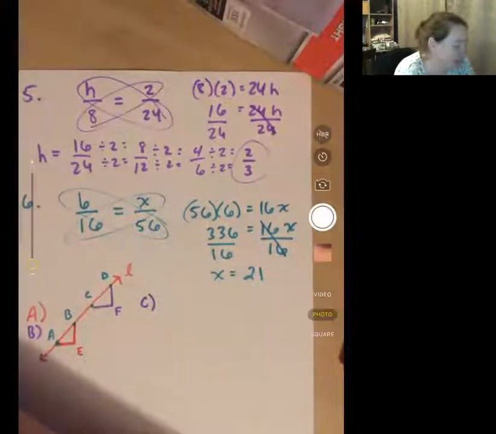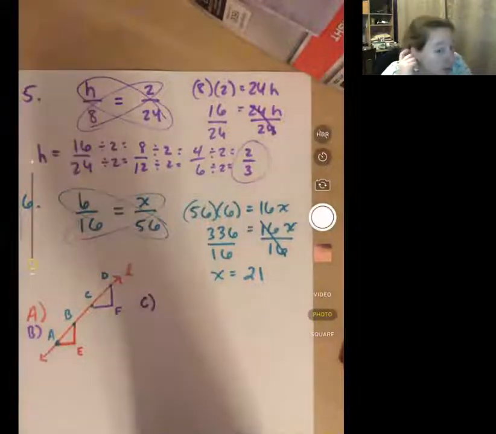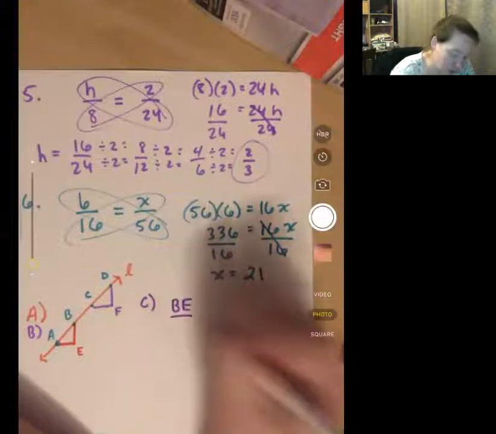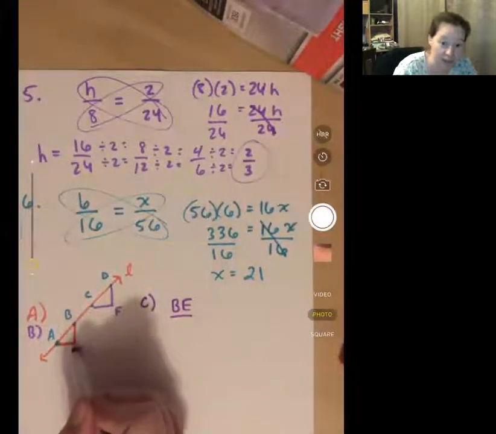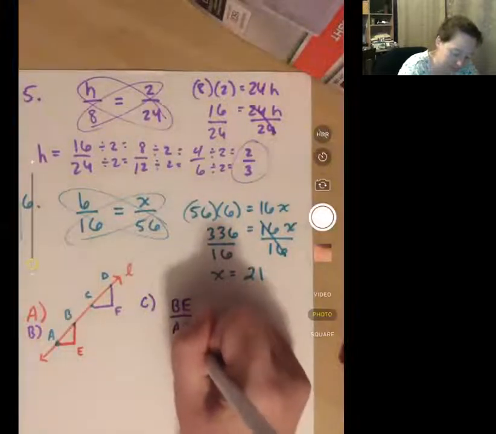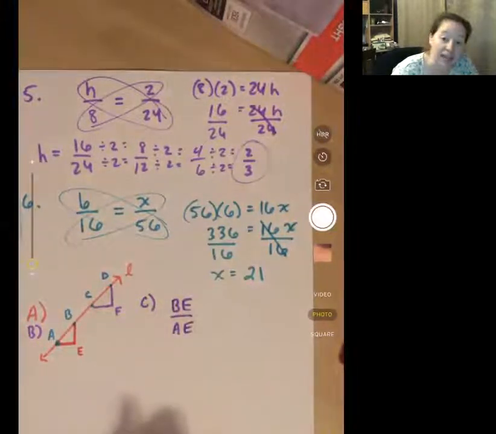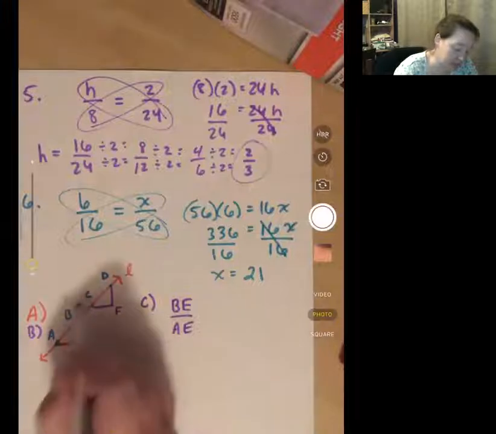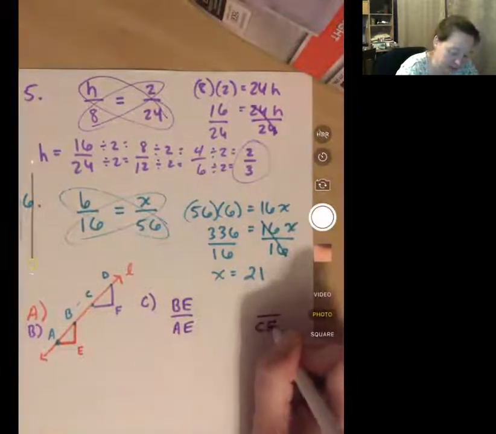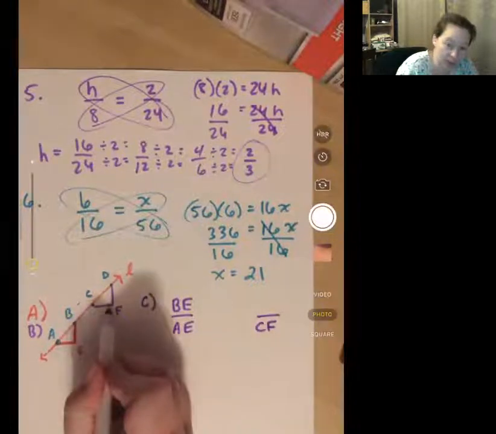You need to write expressions for the slope between A and B. So for C, it says line BE over, so this is line BE right here, over line AE. And then the slope between C and D is over line CF, which goes this way. So line DF.